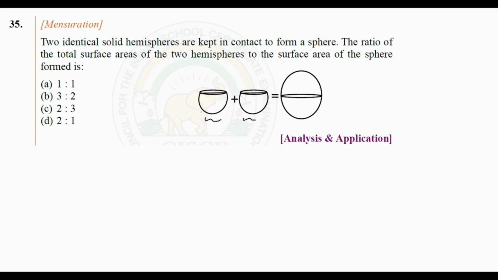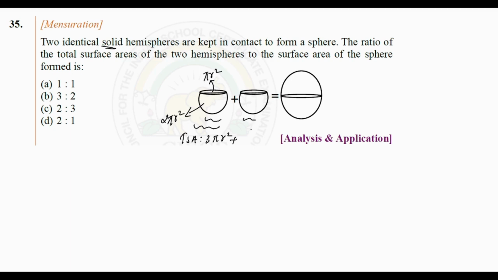You must know that the curved surface area of the hemisphere is 2 pi r square, and this surface, because it is a solid hemisphere, is 1 pi r square. So totally the TSA of this hemisphere becomes 3 pi r square.